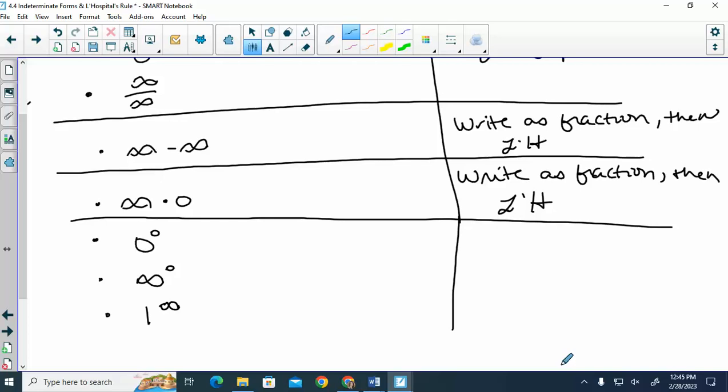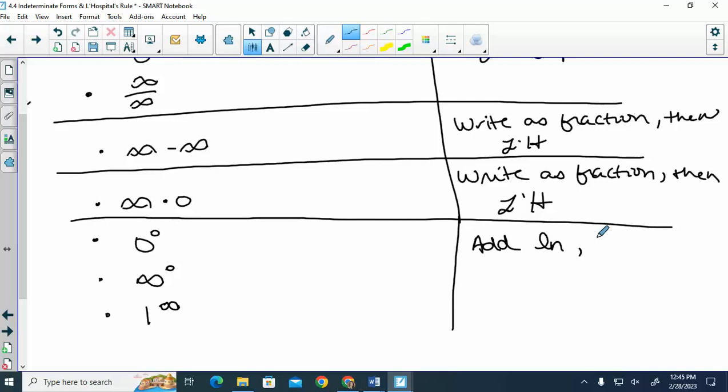Okay, so what we're going to have to do, we want to get to the form where we can use L'Hopital's. Okay, but L'Hopital's requires us to have a fraction. So our strategy is going to be a little bit different. Most of the time, what we are going to do is add a natural log, because with a natural log, properties of logs, exponents come down in front, right?